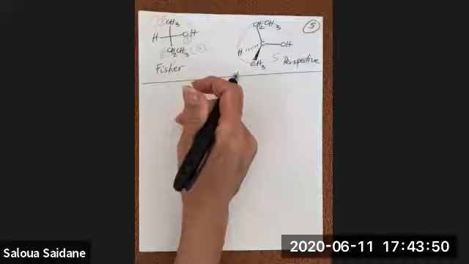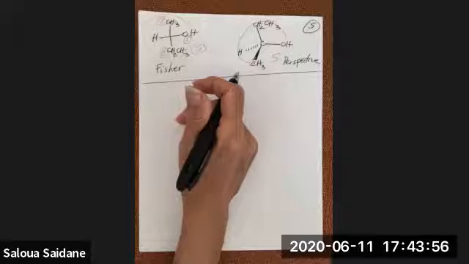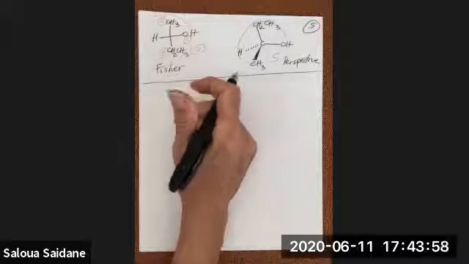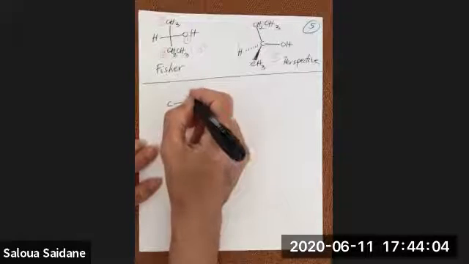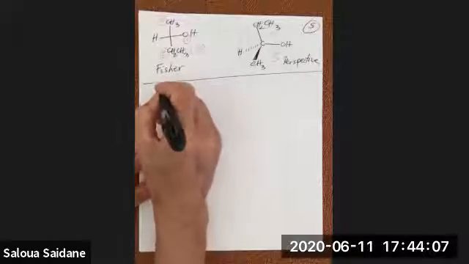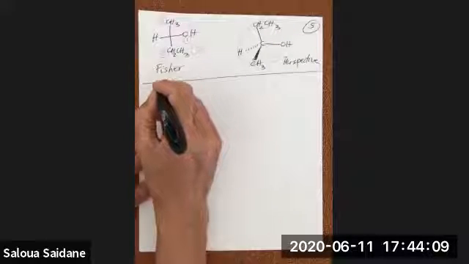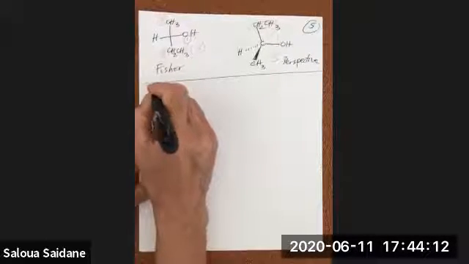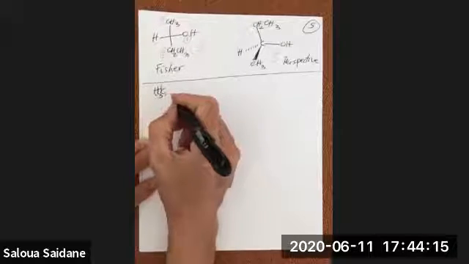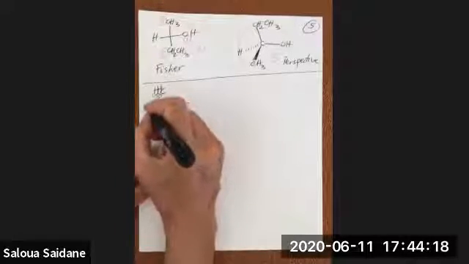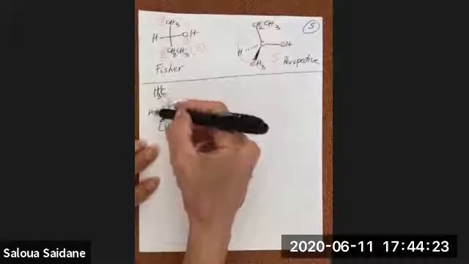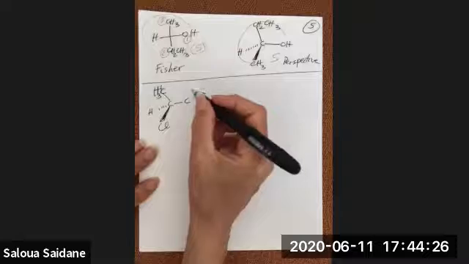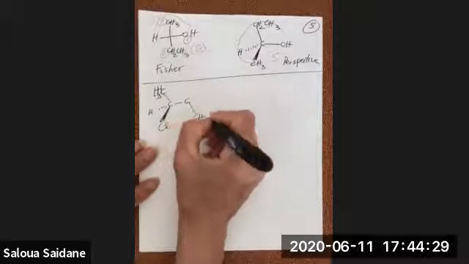So here's one example. Here's a compound, C, let's say CH3, sorry, CH3. And here I'm gonna put an H, a Cl. So you see I have CH3, HCl. So here I'm gonna put a C, CH3.